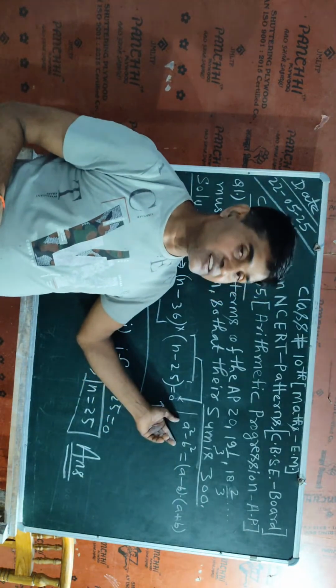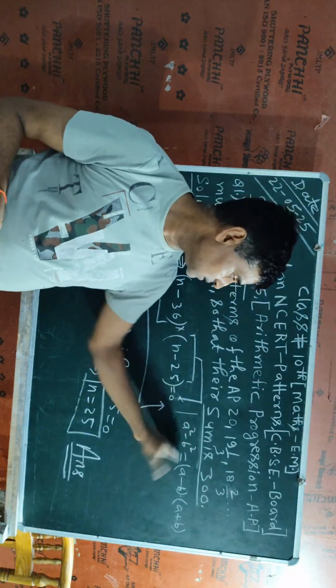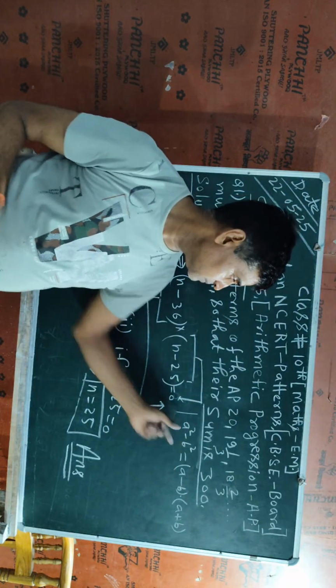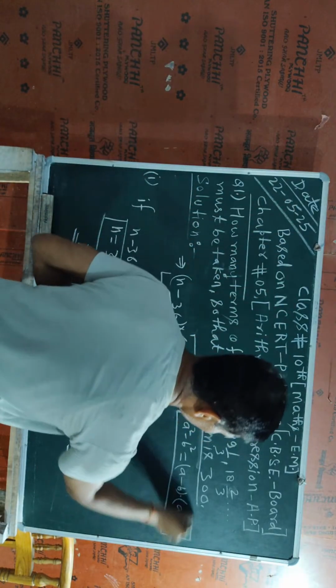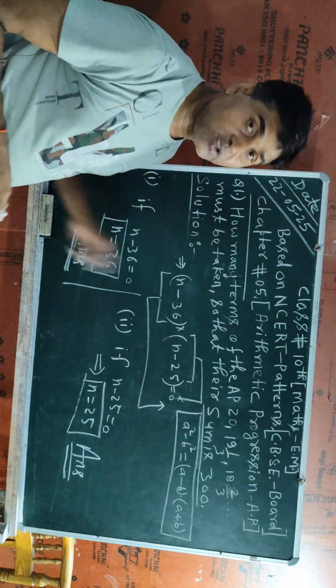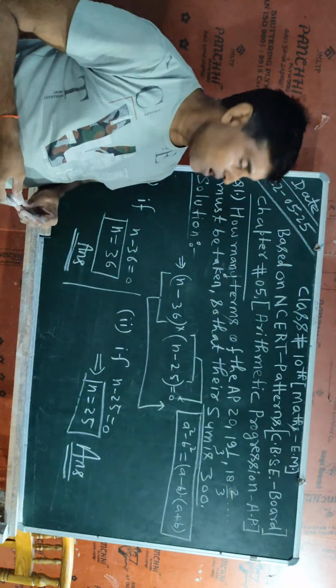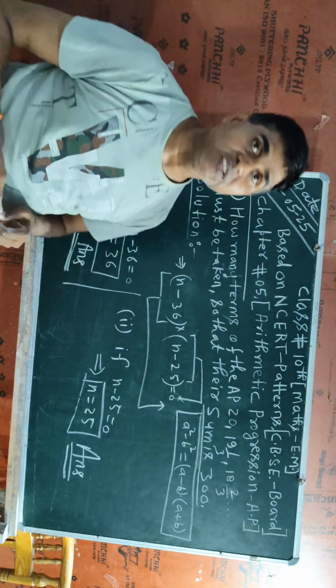This is the algebra identity, and you have to use this concept for getting the factors of the quadratic equation. Okay student, so this is the answer of the given question. According to this way you can solve each and every question easily.